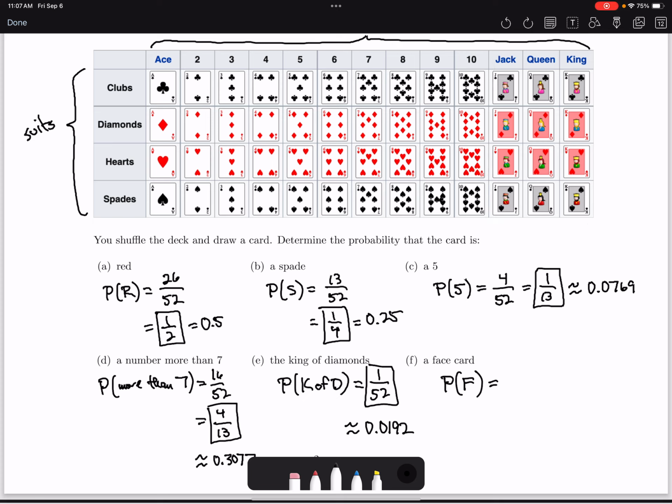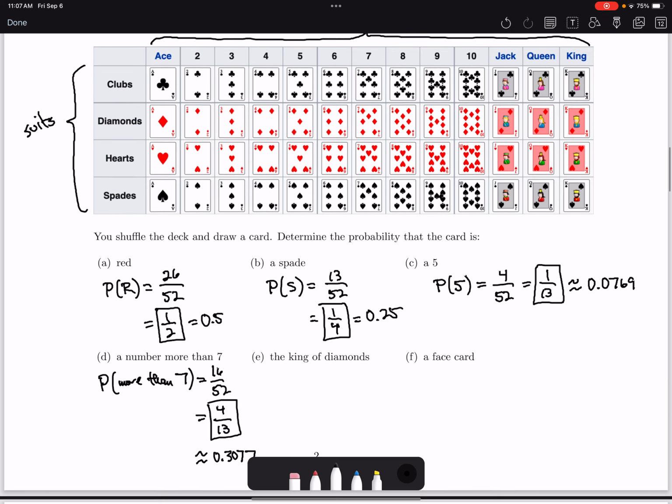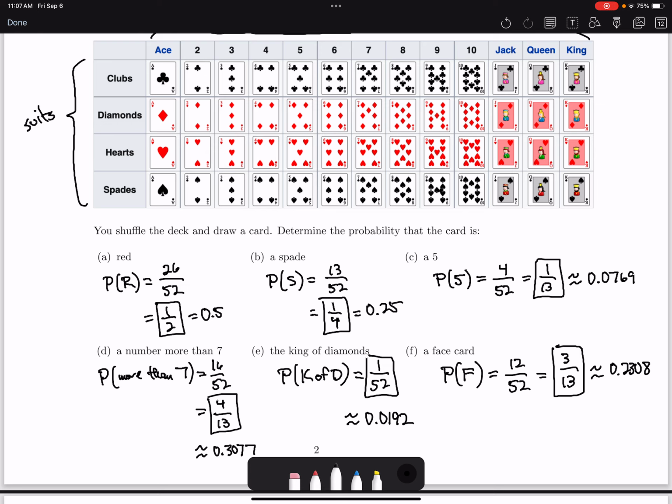So the probability you draw a face card is 12 out of 52, which reduces to 3/13, which is approximately 0.2308. Okay, so that's how we would deal with cards if we had any probability questions about cards.